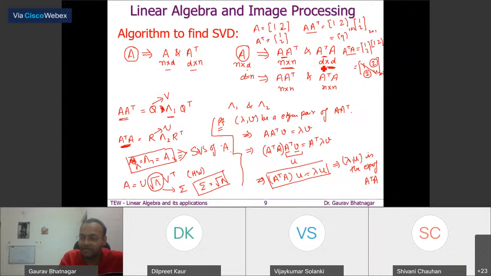So in order to find the non-zero eigenvalues, you will always choose the matrix having the smaller dimension, and that is going to be the first step of the algorithm.